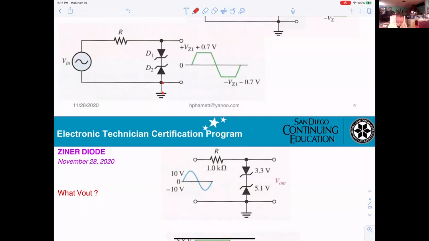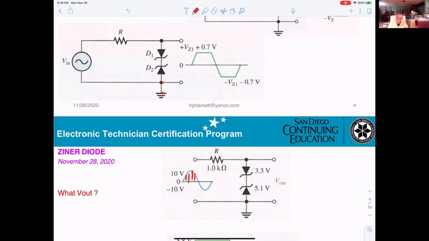For the positive here, what is our voltage supposed to be? 5.1 plus 0.7. The fourth Zener or second Zener will break down. Second. Perfect.